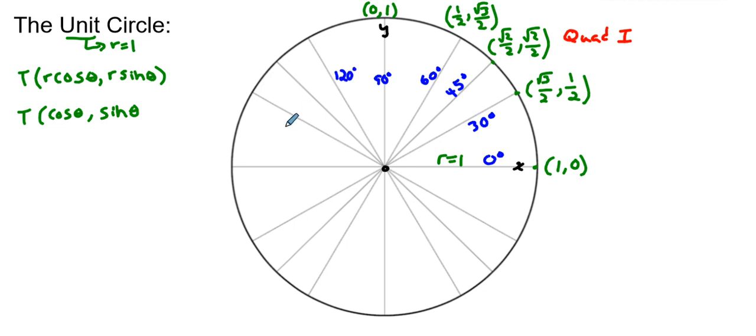So 120, 150, this is 180, and then we have 210, we have 240, 270, 300, 330, and then 360. When we come all the way back around. Additionally, we have the 45 added to this, which is 135, and 45 added to this, which is 225, and 45 added here, which is 315.